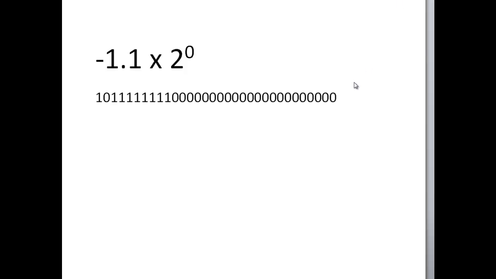If you take this number and back calculate, we know it's a negative number because this is a sign bit. We know that these 8 bits here come out to 127, so therefore it must have been 2 raised to the power of 0, and we know that this is 0.1 in binary, which is a half, because there's an implied 1 that's already there due to normalization.